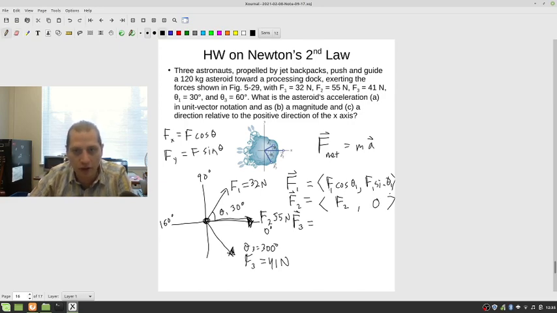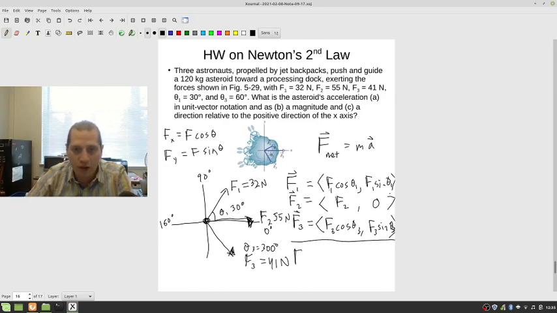However, if you wanted to write this as F2 cosine of 0, F2 sine of 0, you would get the same thing. And then here we have F3 cosine of angle 3, F3 sine of angle 3, and that's why I put this as 300 degrees, so that I could use this nice slick notation.